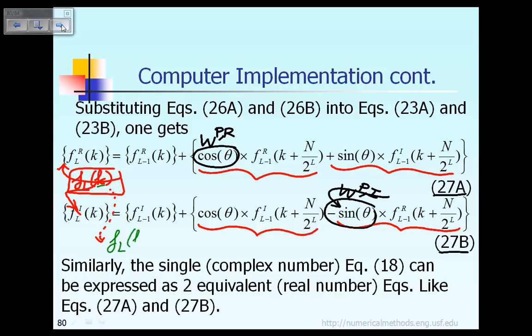That is k plus the distance N divided by 2 raised to the power L. Again, to calculate this companion node we use the same procedure as the one we used to obtain equations 27a and 27b. That way we can avoid dealing with the complex number by computing its two components.